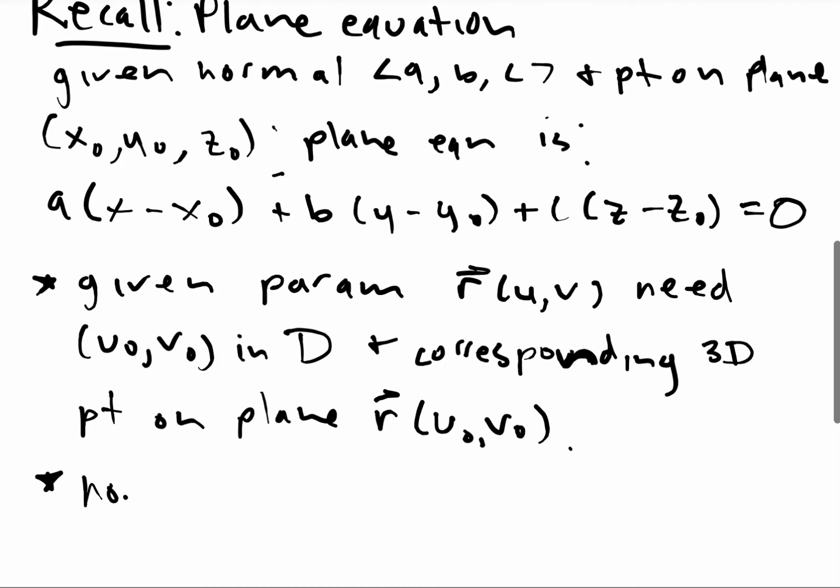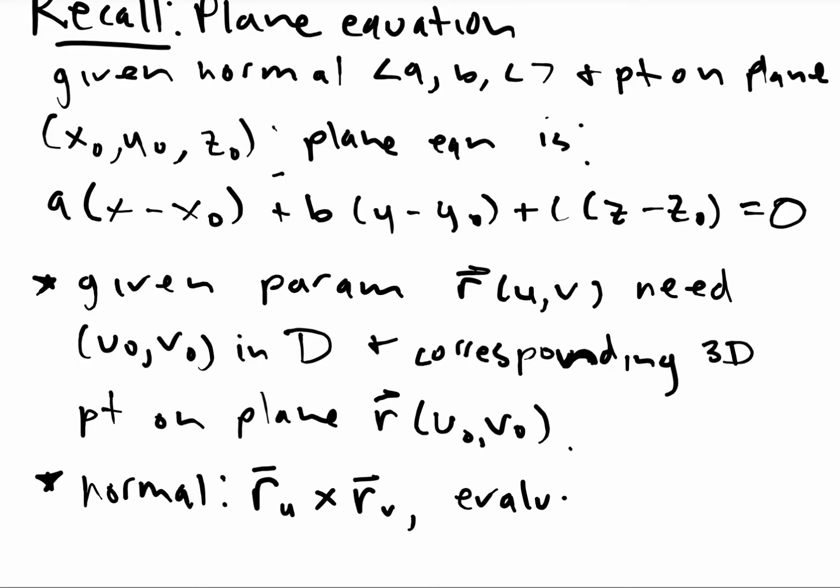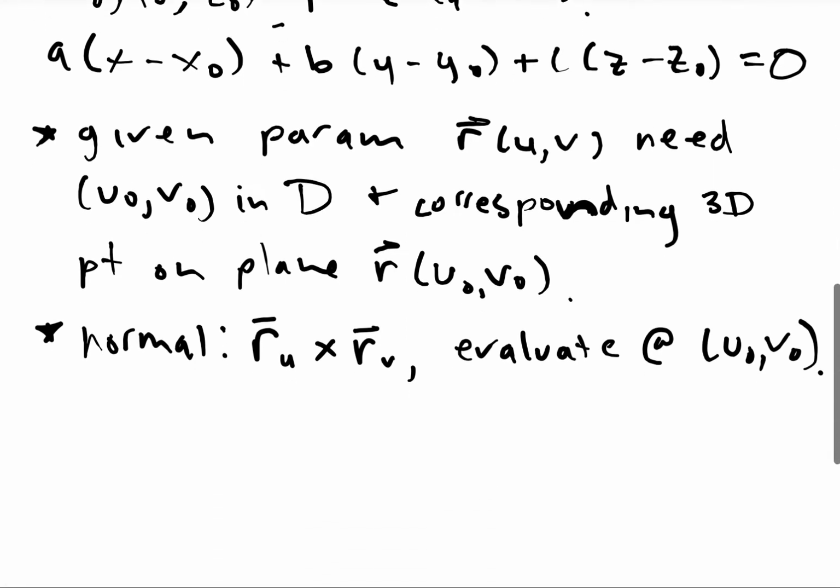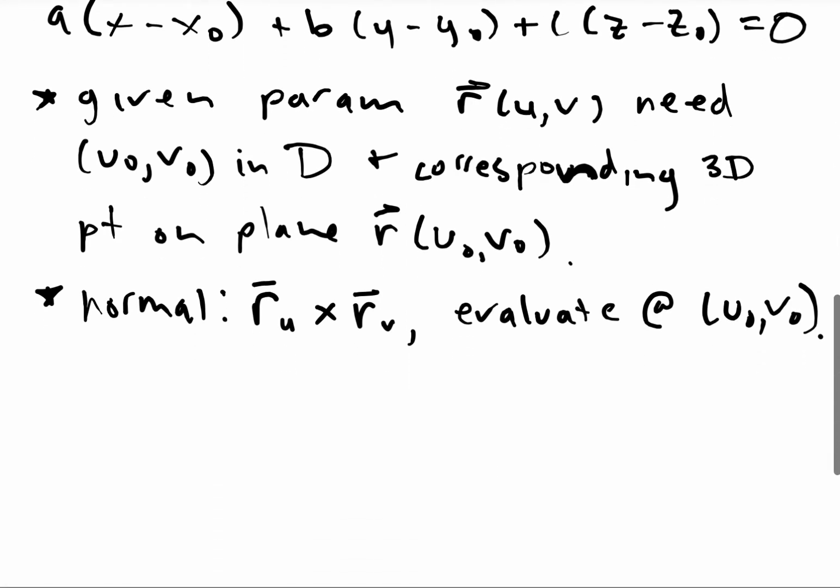For your normal vector, what I want you to do is basically take the partial of your parameterization with respect to your first variable, and then cross it with your partial with respect to the other variable. We'll go ahead and evaluate this at that point, u naught, v naught. Now, the idea here is this.